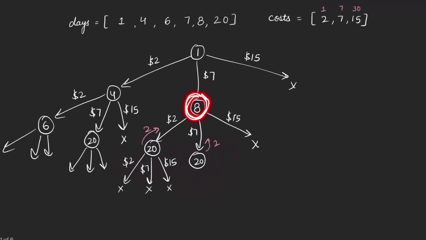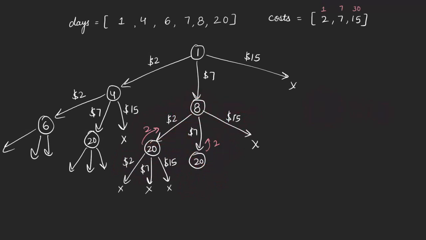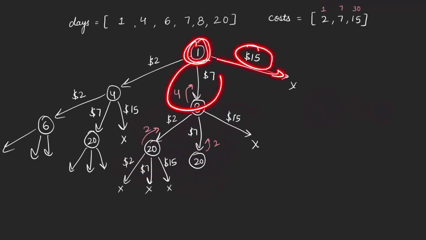So this will return 2. So at this particular point, $4 you had to spend. Here 7 plus 2, $9, and here $15, right? So 4, 9, and 15. Minimum is 4. So from here, 4 will be returned, right? And then for this one, here it cost $15. Here it is costing 7 plus 4, that is $11.